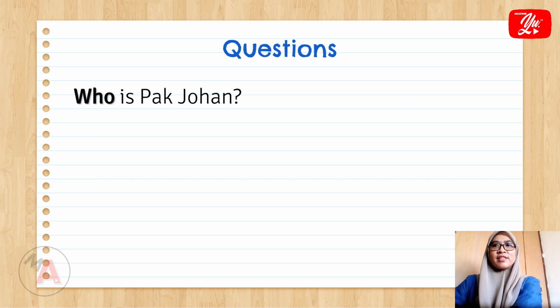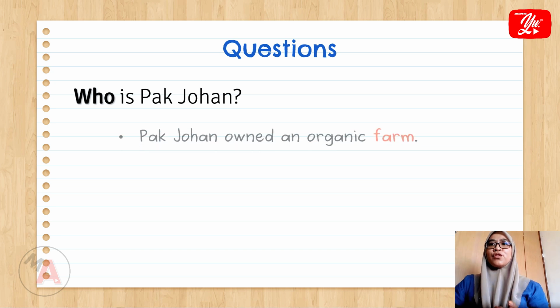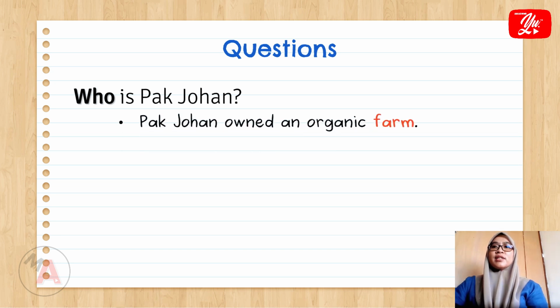Okay, so the first question based on the text is, who is Pak Johan? Who is Pak Johan? So as I mentioned in my previous lesson, who is the question that we use to ask about the person or and the one that we are going to describe later, okay? Tentang orang, okay? So, who is Pak Johan? So, based on the text given, so this is how we are going to look for answers in your text. So, soalan dia bertanya siapa tu Pak Johan, okay?